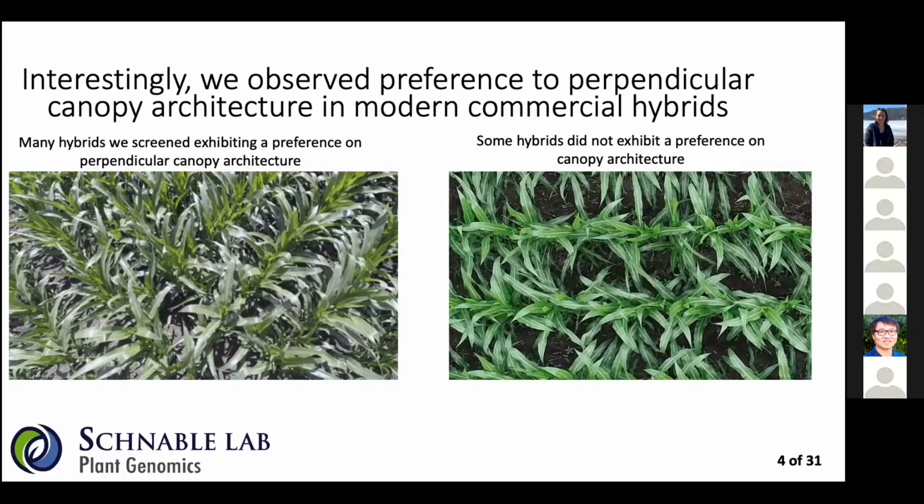What we found is most of the commercial hybrids that we screened, like what we show in the left figure, exhibit a specific canopy orientation pattern. The canopy prefers to orientate towards the interrow space. Therefore, they form a specific canopy pattern where a plant is perpendicular to the crop row and parallel with adjacent plants. Of course, this is not always the case. Some of the plants, like I show in the right figure, don't exhibit this specific canopy orientation pattern.